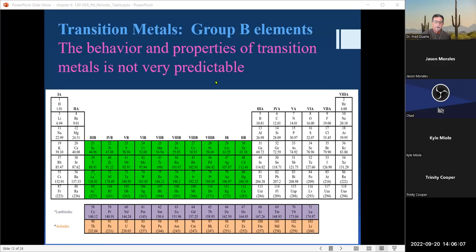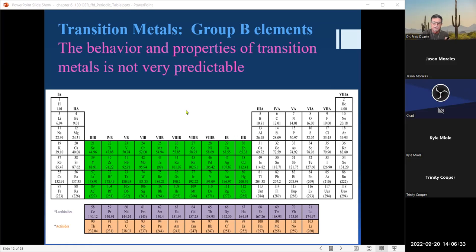Okay. Now, the group B's are called the transition metals. So that's the ones in green. They're not very predictable with respect to the properties, because they do vary quite a bit, and there are different types. Whereas group 1A, group 2A, we know 100% that they have a specific charge.